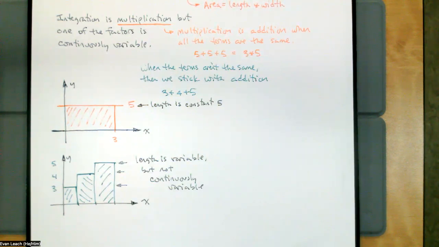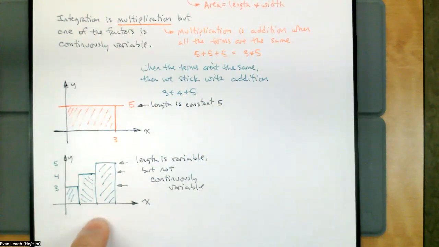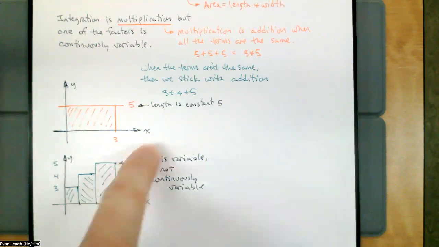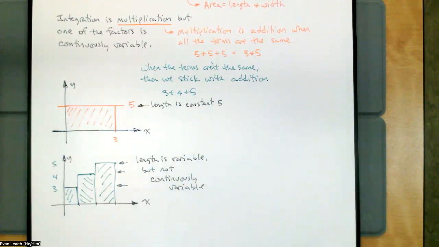So now we enter the integration side of things. In this one, we get to use addition. In the first example, we got to use multiplication because nothing was changing. Second one, things were changing.